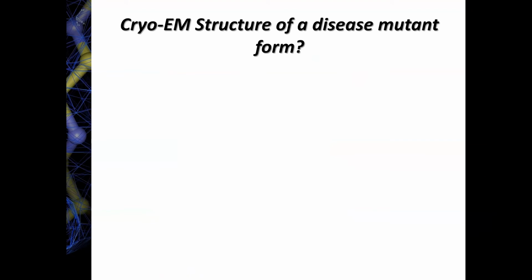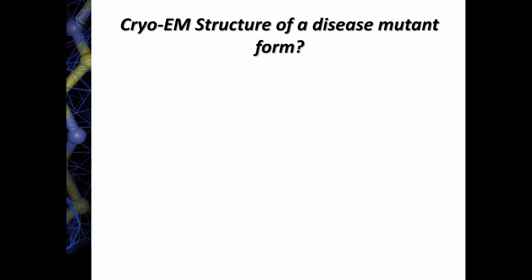And so the question is, how can we get a cryo-EM structure of a disease mutant form? Of course, you could just say, well, just introduce your favorite mutation and purify that. The problem is that the ryanodine receptor is a pretty large protein. And even though you can produce it recombinantly, it's a bit painful to do so.